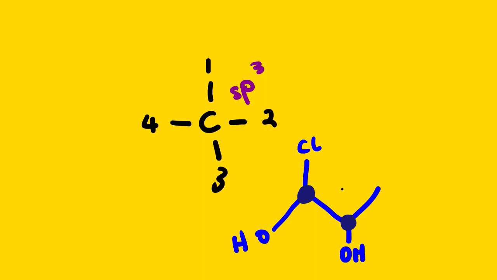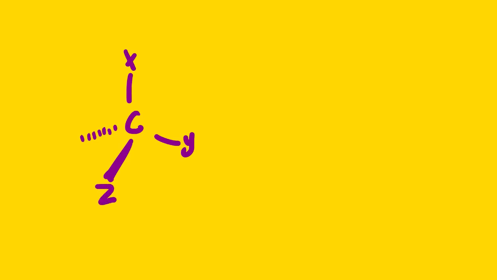With the lesson that we've already gone through about the chirality of carbon, we know that a carbon having 4 different groups is chiral. So just a quick review. Let's say we have this carbon. We have X, Y, Z, and then we have hydrogen here.